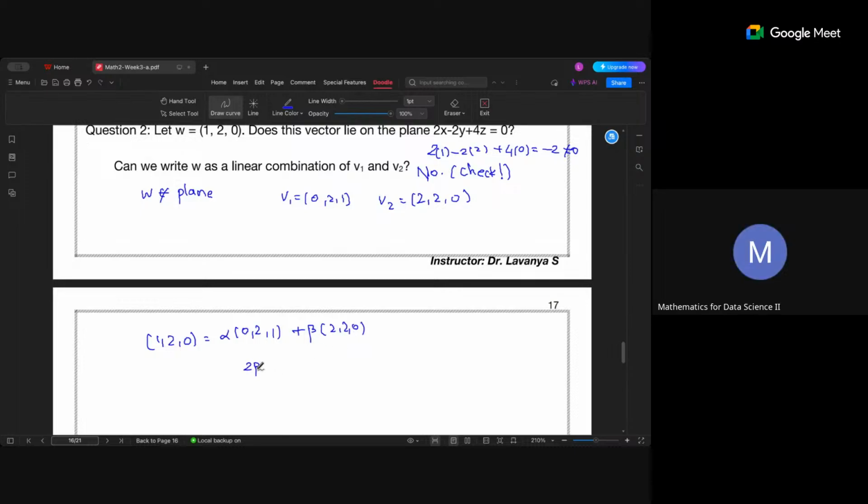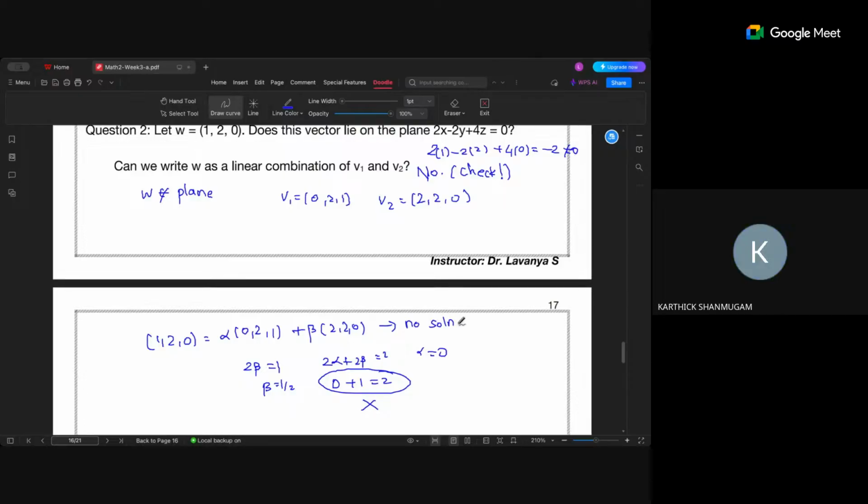Why it cannot be? Because 2 beta is equal to 1 and 2 alpha plus 2 beta is equal to 2 and alpha is equal to 0. So if alpha equal to 0 and beta is equal to 1 by 2, this equation is not satisfied, right? So this has no solution.